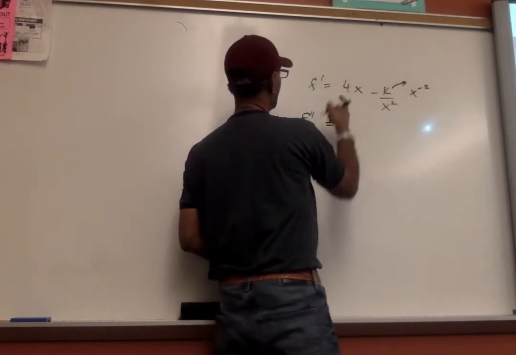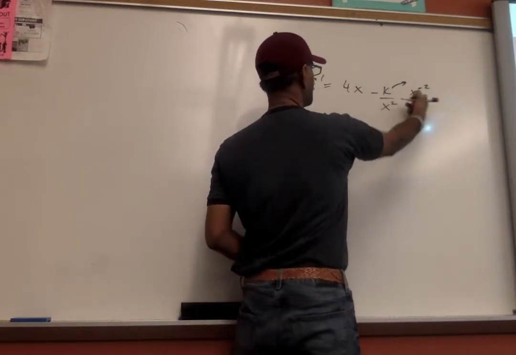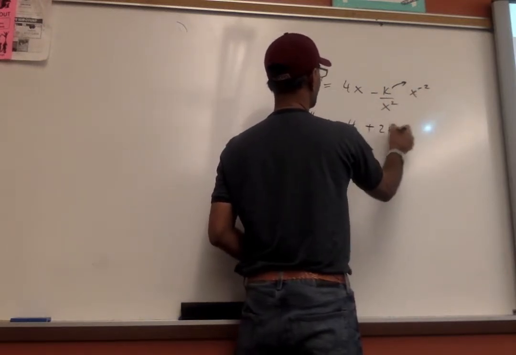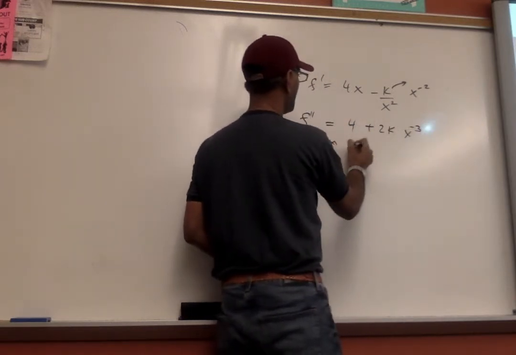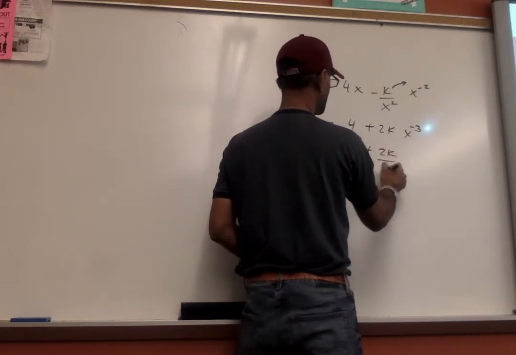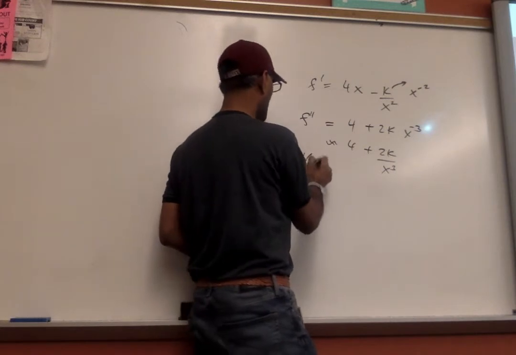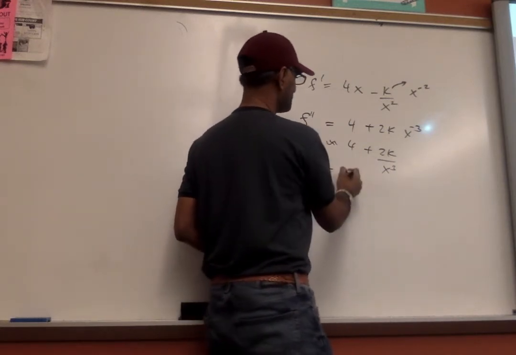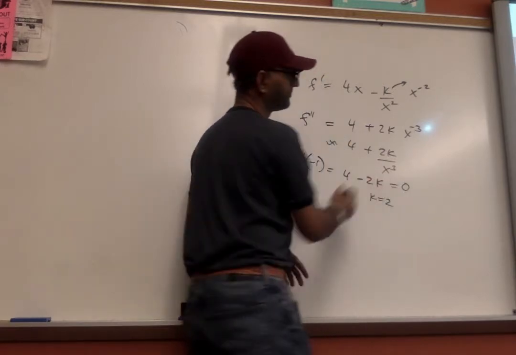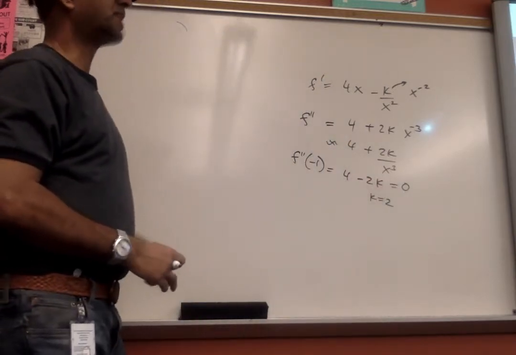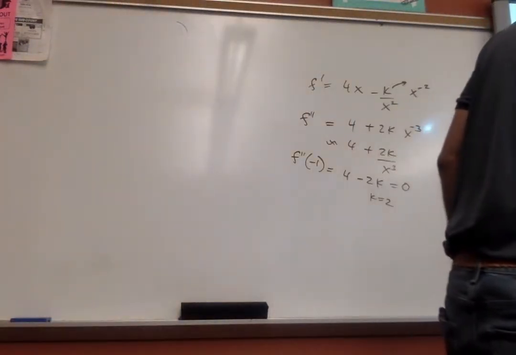So f'' will be 4, and then positive 2k times x to the -3. Rewriting it, 4 plus 2k over x cubed. At -1 I have a point of inflection, so f''(-1) is 4 minus 2k, which I set equal to 0, so k equals 2. I don't have to do sign switches, it's a regular function. I just wanted to emphasize that idea.